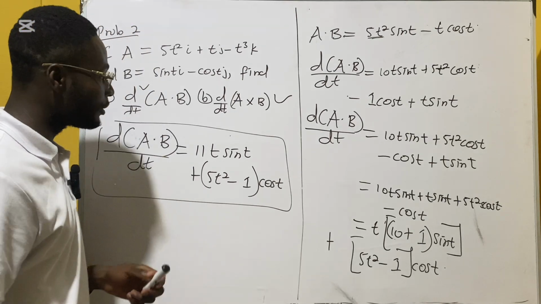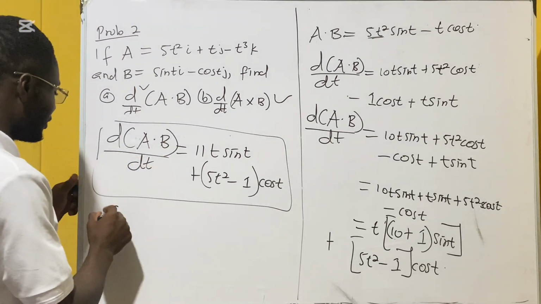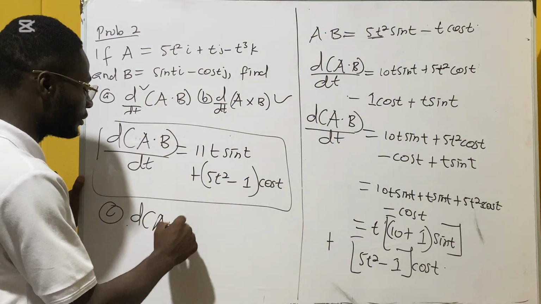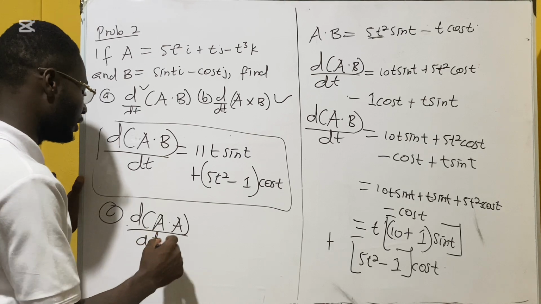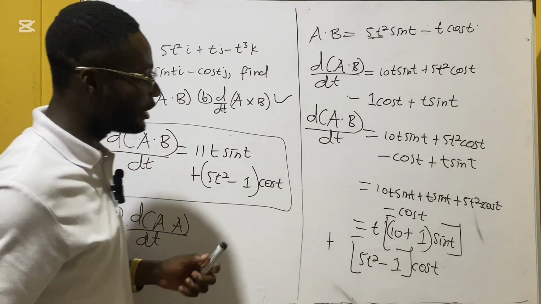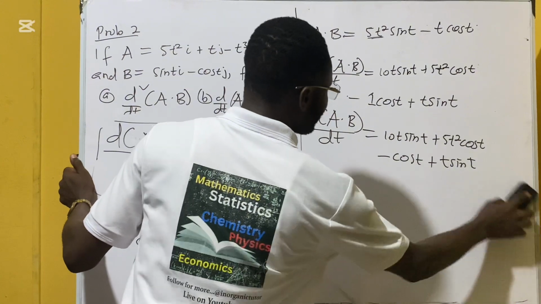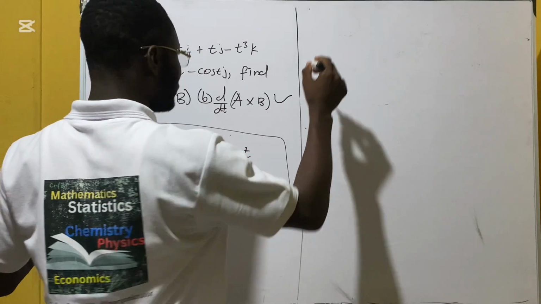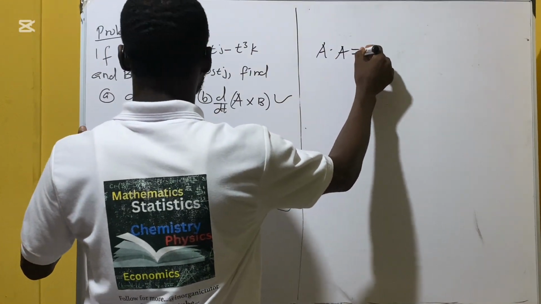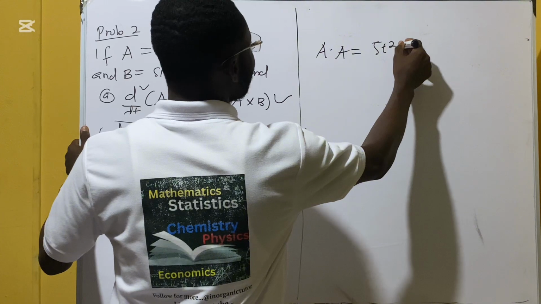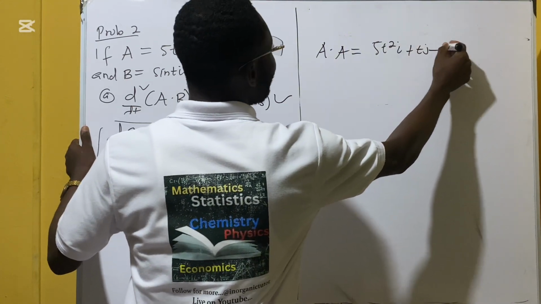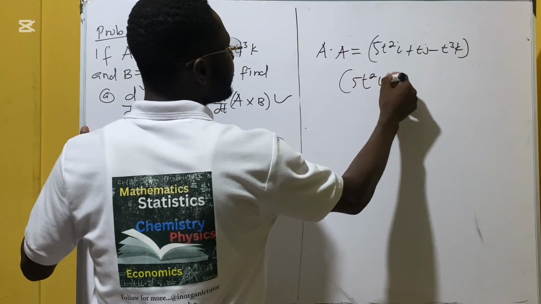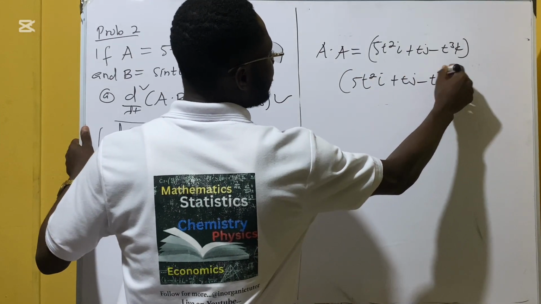Okay, so let's do the last one, which is the C. The C says that we should find the differential of A dot A with respect to t, right? So first we have to find A dot A, right? So A dot A is going to be 5t squared i plus tj minus t cubed k multiplied by itself, right?